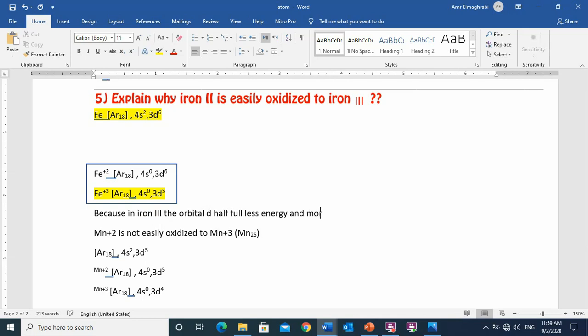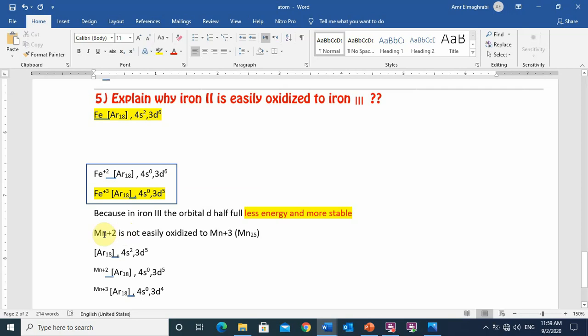So this is what we said last time. If the d orbital contains 0, 5 or 10 electrons, the atom will have less energy and be more stable, and this is the key of the answer. Less energy and more stable.